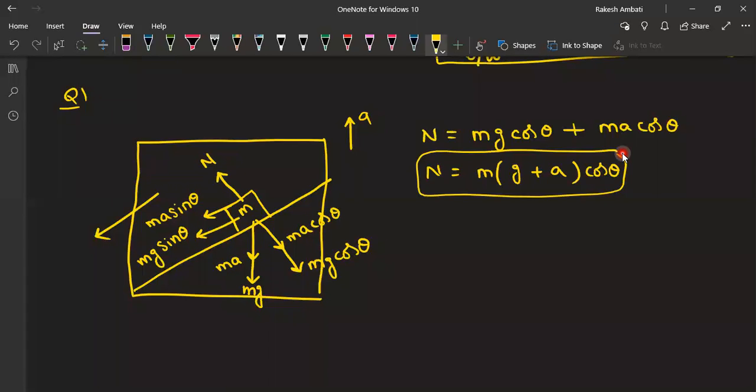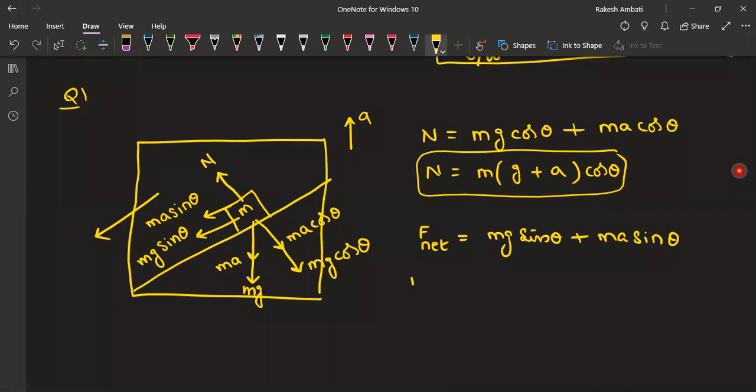Then after, in this case, the block is moving down the wedge. So here this force down the wedge, this force also down the wedge, and these two forces act in the same direction of motion. Therefore resultant force equal to, in the same direction, so addition, mg sin theta plus ma sin theta.